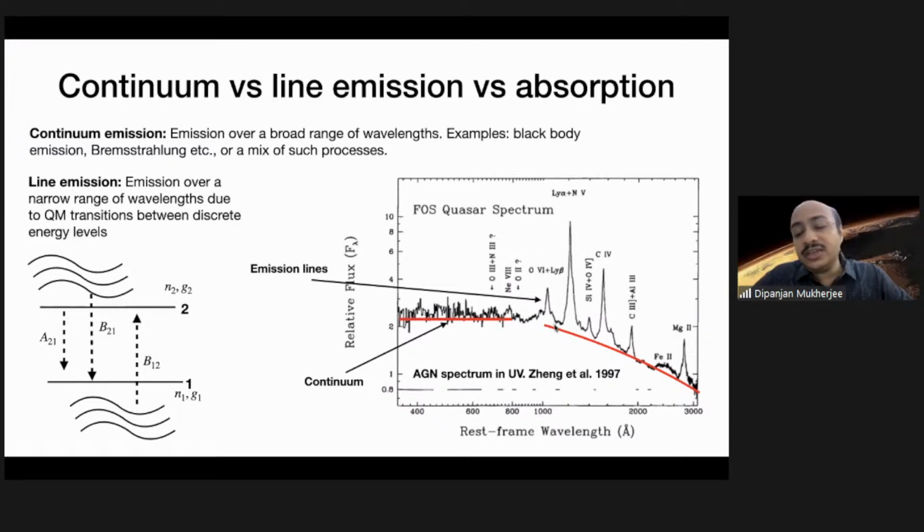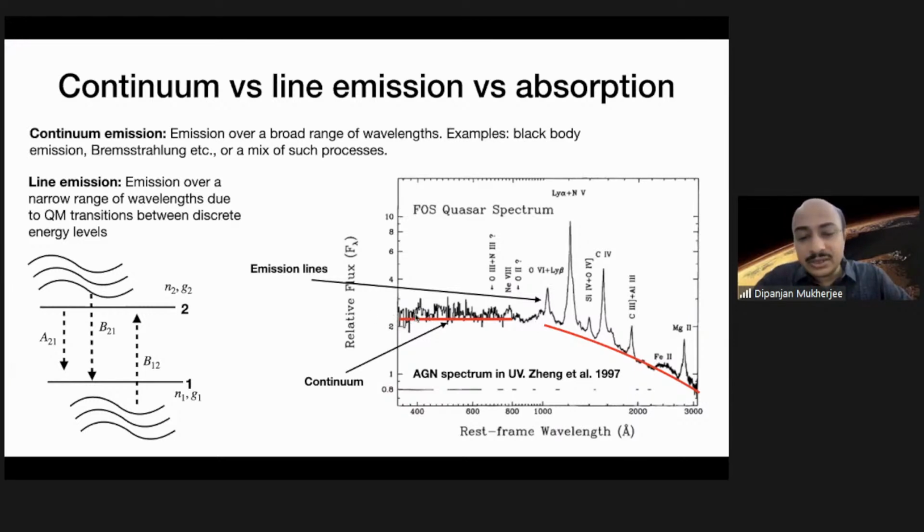But what you see here is there is a general trend in the baseline of these emission features. For example, you have these spiky features, but there is a general trend here. So the base from which it rises has a falling slope with wavelength. On the other hand, below 1000 angstroms, you have almost a flat line.